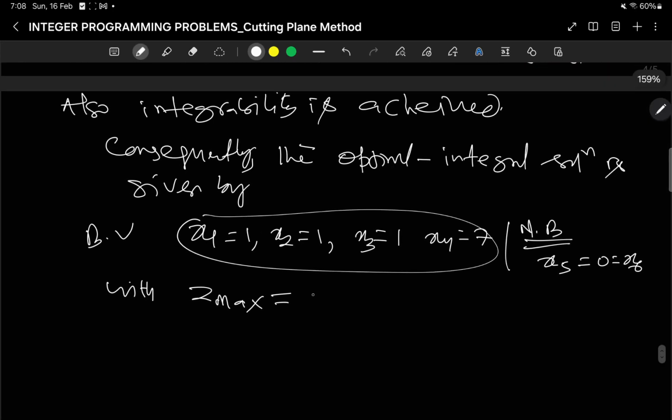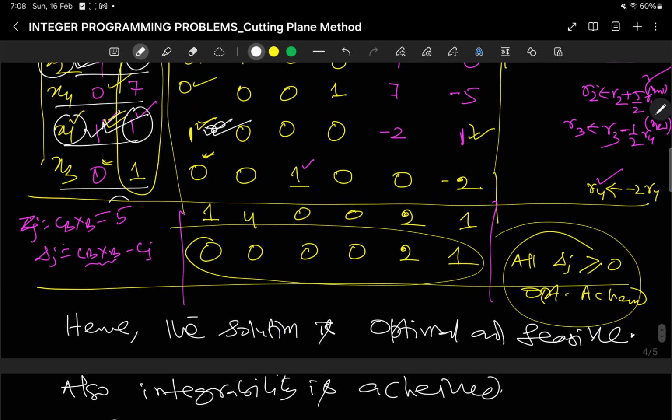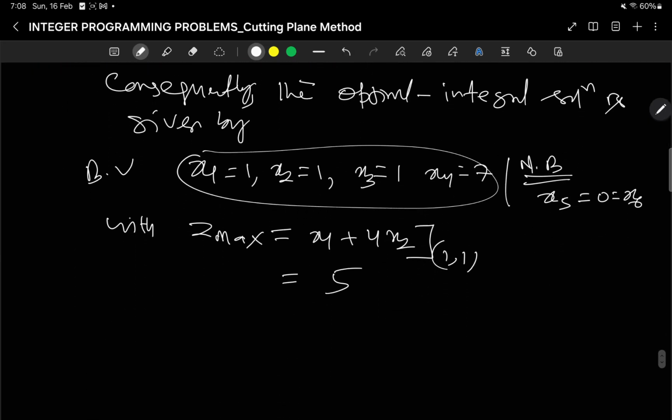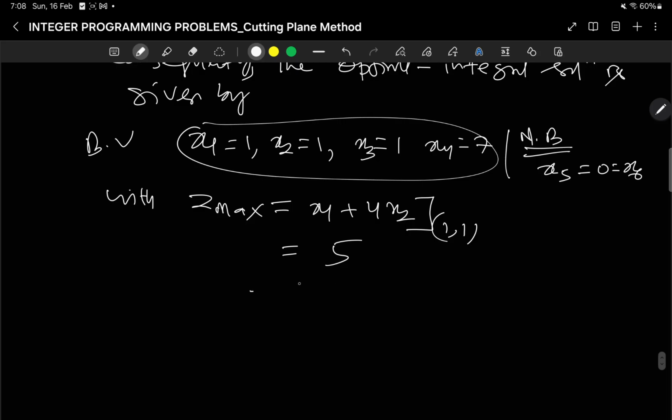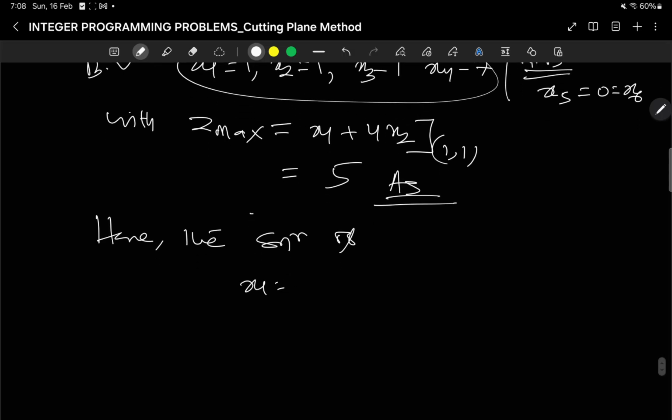z is here what, x1 plus 4x2, yes or no, at the point 1 and 1, so this is 4 plus 1, 5, also we get it here, so this is my final solution, this is the answer, okay. Hence the solution is, because initially in the question we need only x1 is equal to 1, x2 is equal to 1 with z max is equal to 5, okay.